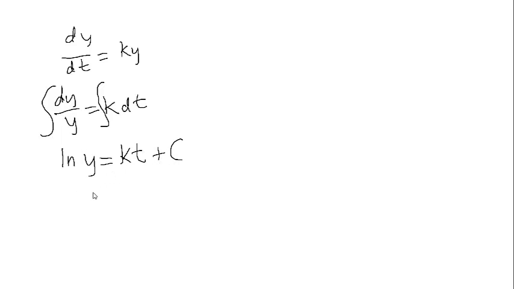And now we take both sides to the e power. Sorry, I can't math. And then so now we have y equals e to the kt plus c. Now e to the kt plus c is actually the same thing as e to the kt times e to the c.